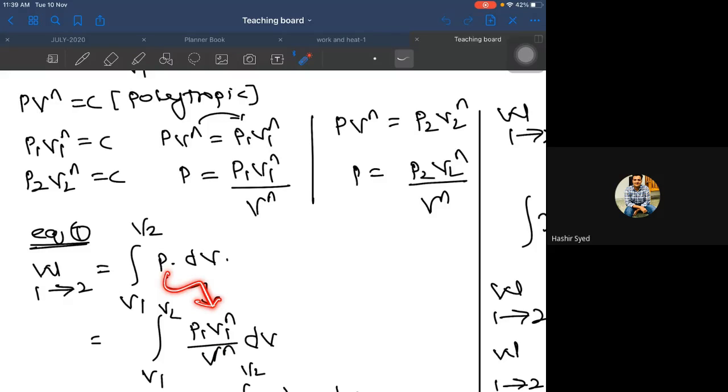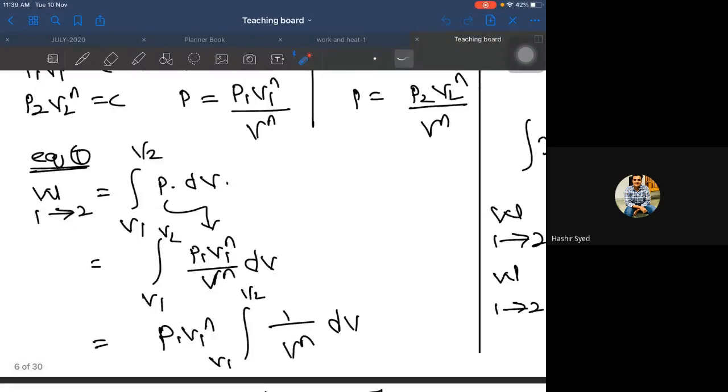Now, integration from V1 to V2 over the limits dV. With respect to what do we have to integrate the above expression? V. We have to integrate this expression with respect to V.